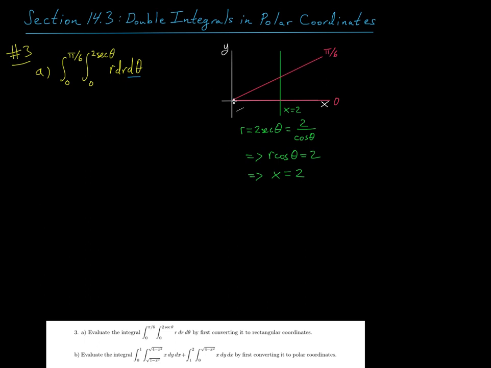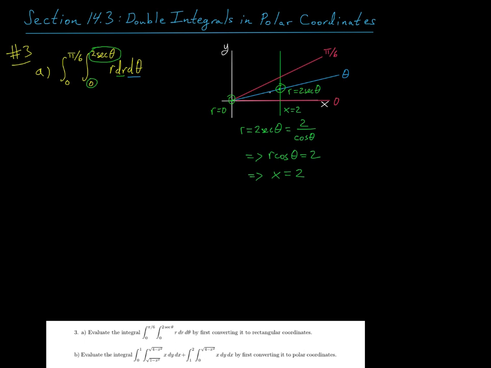And if theta is constant, that's just going to describe a line through the origin. So let's say this is my fixed theta. And now r is going to vary from 0, which is just at the origin, out to 2 secant theta, which is right here on this vertical line.